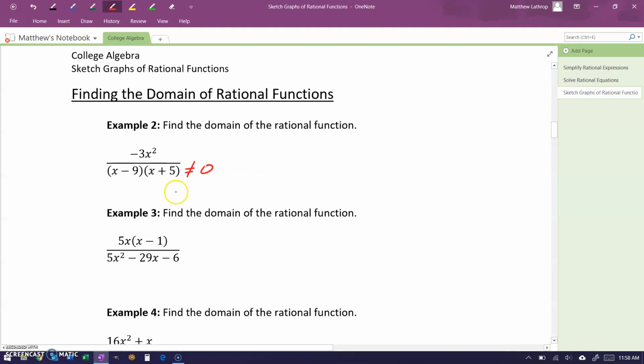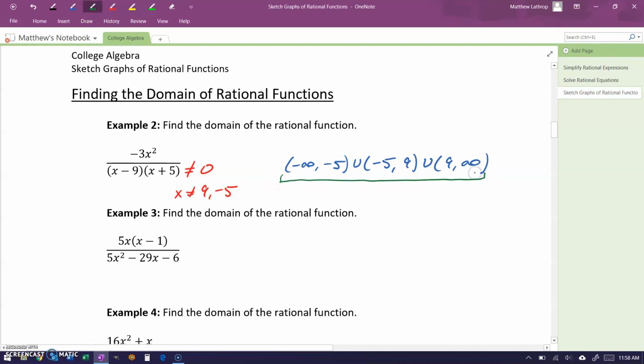Setting each of those factors equal to 0 would tell us that x can't be equal to positive 9 or negative 5, which means that our domain in this case would be negative infinity to negative 5, union negative 5 to 9, union 9 to infinity. Where again, essentially what we have is an interval from negative infinity to infinity, and we're creating breaks at each of those x values where our function is undefined.